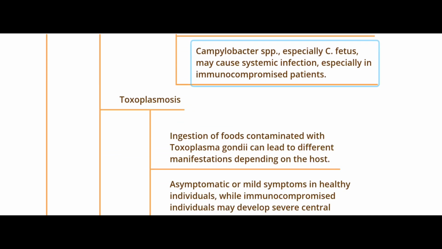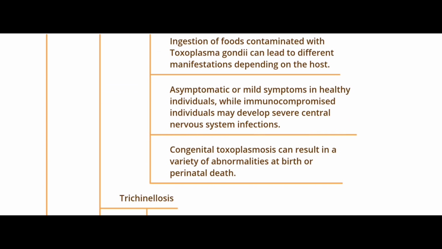If we get to toxoplasmosis, it is caused by the ingestion of food contaminated with Toxoplasma gondii and can lead to different manifestations depending on the host. In healthy individuals, we have asymptomatic or mild symptoms that are nonspecific, while immunocompromised individuals may develop severe nervous system infections, which have special ring-enhancing lesions within the brain.